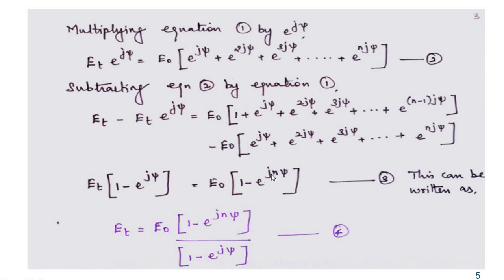I am going to simplify this expression to calculate the total field from the n elements. So we have E_t equal to E naught times (1 minus e power j n psi) divided by (1 minus e power j psi). The e power terms can be neglected or replaced by cosine terms.